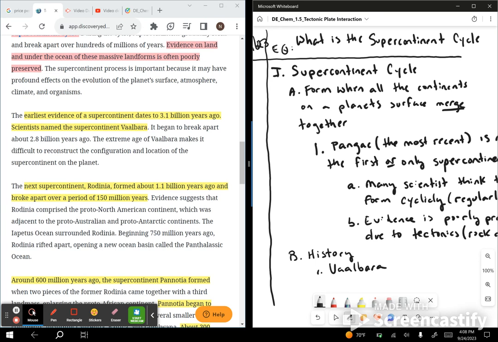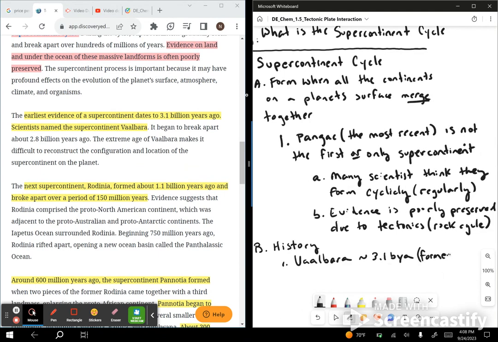Valbara, approximately 3.1 billion years ago, BYA, billion years ago. And that's when it formed, and it broke apart about 2.8 billion years ago. And that's important. I want you to understand that these things form and they break.